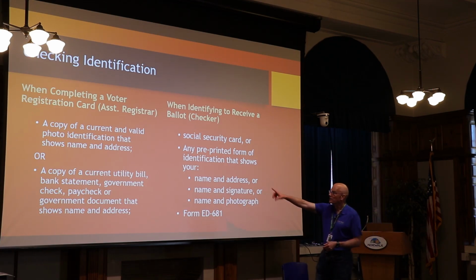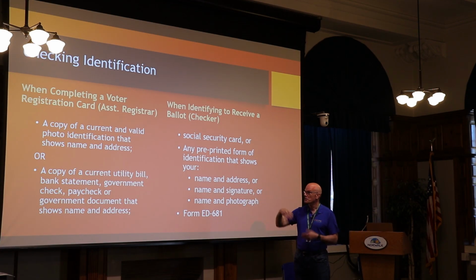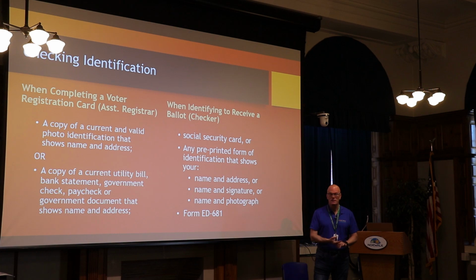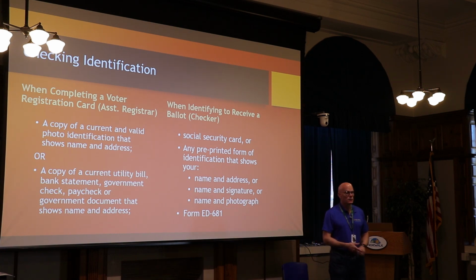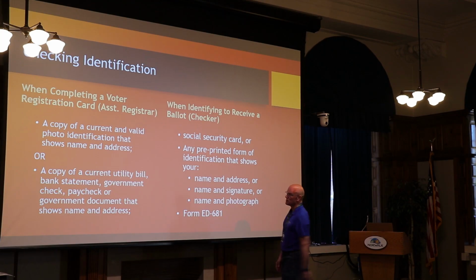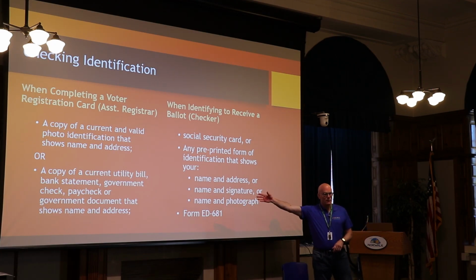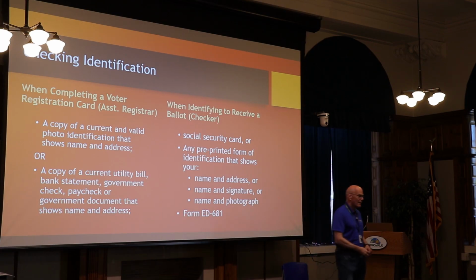They need a copy of a current photo identification that shows name and address, or a copy of a utility bill, bank statement, government check, paycheck, or government document that shows the name and address. If you're an assistant registrar, we call that the left side of this page. So if anyone's changing their ID or registering, which they will not be doing during this election, that's the type of ID they would be required to have.